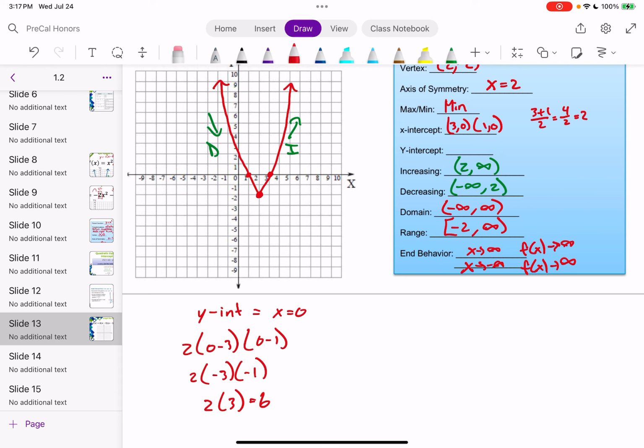Our y-intercept is going to be 0, 6. We did draw this roughly, but our points are still accurate. So that's going to give us a little bit of assistance on narrowing down exactly how to draw this.